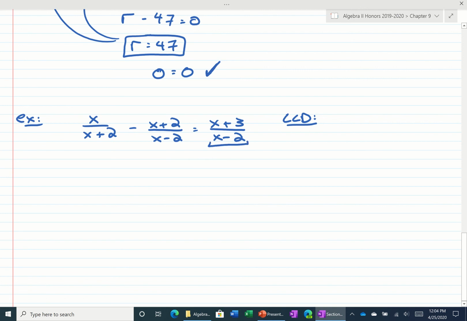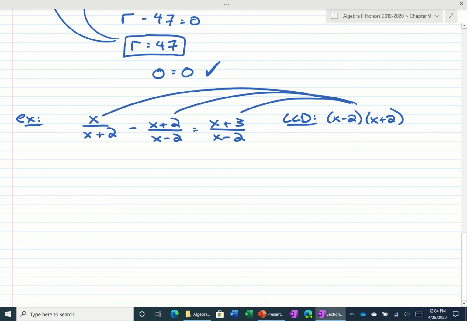We need a factor of x minus 2, because this has an x minus 2 and this has an x minus 2. But we also need a factor of x plus 2. So if all of our denominators had those, we can combine the fractions. But I'm going to multiply this times everything to just get rid of fractions.